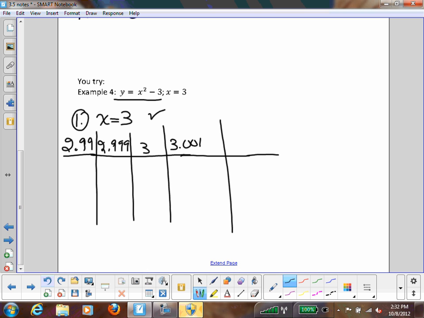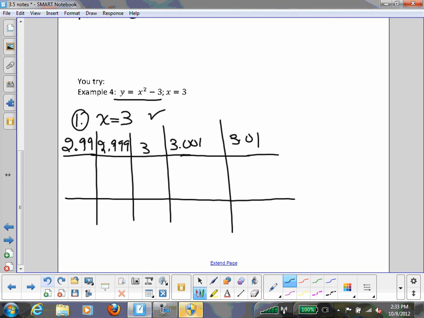Those are my x values. Now I've got to come up with my y's. Okay. So these are my y's and these are my x's. So when x is 3, I know that I'm going to get 6.